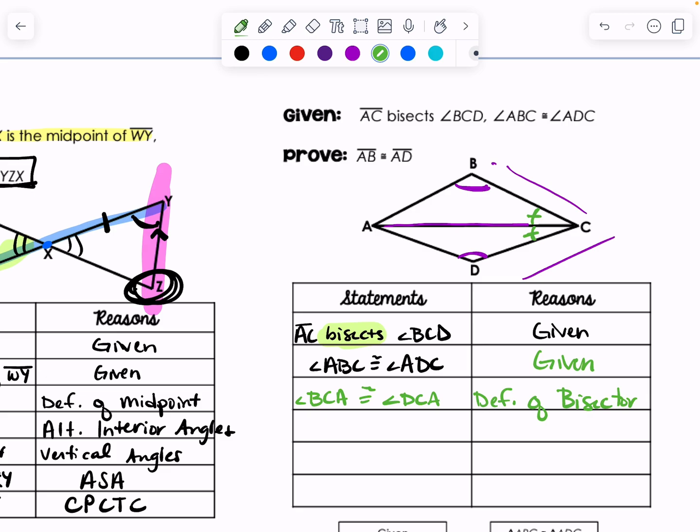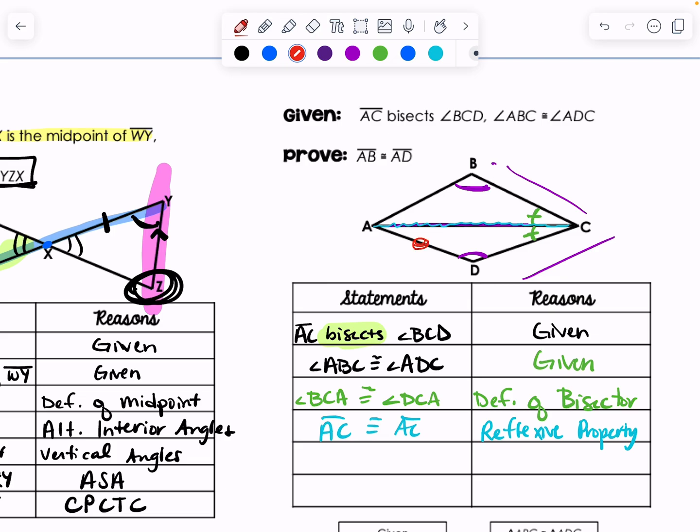All right, so I've got two angles. I just need to be able to say something else, and then I realize what it is. The two triangles are sharing this side right here. So I'm going to say that AC is congruent to AC, and that's the reflexive property. Now we've got all three pieces that I need. I just have to think about the order.